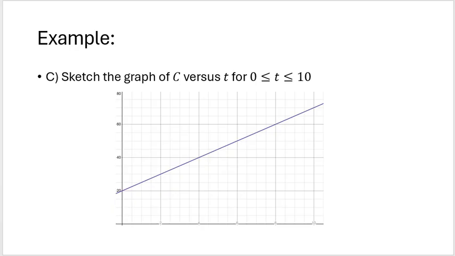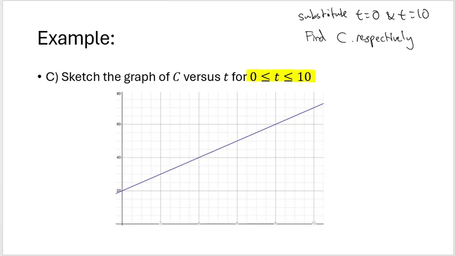Now part C, it says sketch the graph. I've already done that for you, but the best way to do this is substitute T equals 0 and T equals 10, and find C respectively. Now, this is something that not a lot of people have experience with.